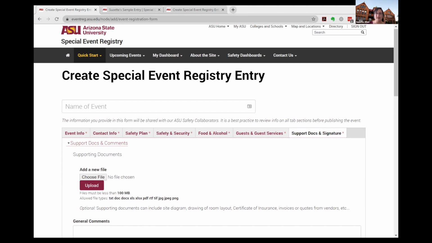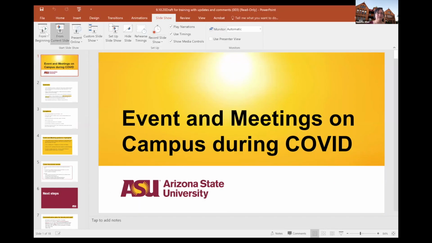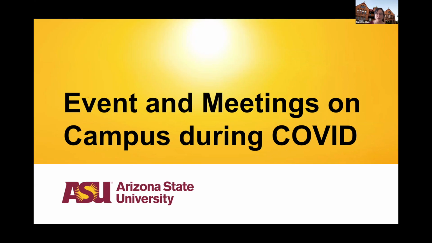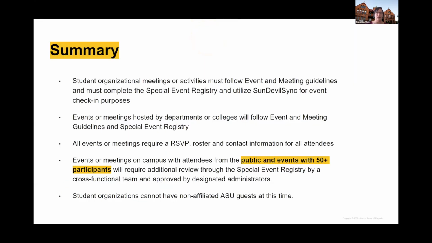Our meetings and events during COVID. I'm going to quickly run through some of these. I know a lot of you have read the event guidelines. This gives you an idea of the process that is happening now and probably to continue in the future. We allow the meeting guide, the student organizations have additional guidelines to our faculty and staff and meetings hosted by the departments or colleges.